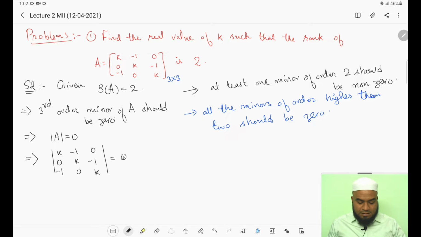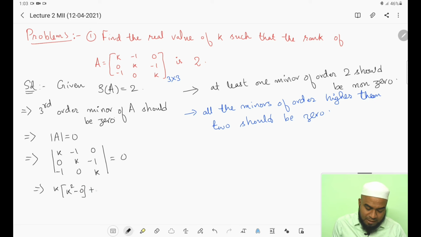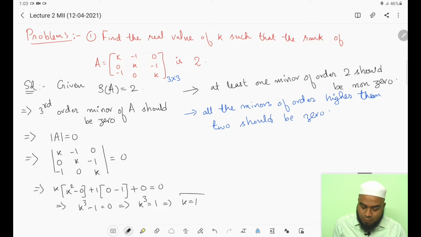Now we simplify: k into k square minus 0, then minus into minus is plus, 1 times 0 minus 1 into minus 1 is plus 1, then plus 0, equal to 0. Further simplifying, we get k cube minus 1 equal to 0. This implies k cube equal to 1, so k equals 1. So we got the value of k to be 1.